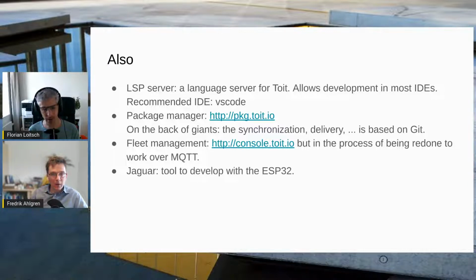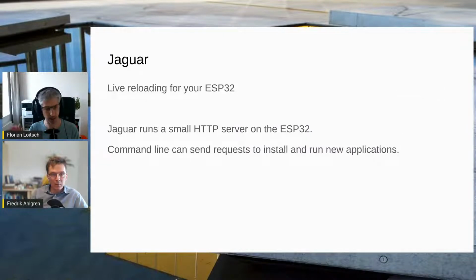Then we have another tool, Jaguar, which is the tool we use to develop with the ESP32s. We basically describe it as live reloading for your ESP32. What we mean is that you can run an application within a second or two and update that application again within a second or two. The way this is implemented is that Jaguar consists of two fundamental programs, one that runs on the ESP and one that runs on your desktop.